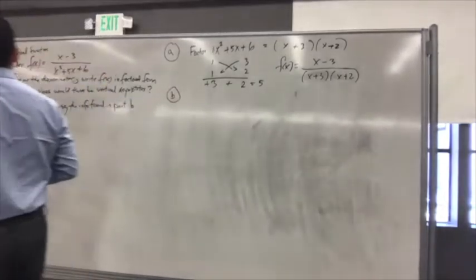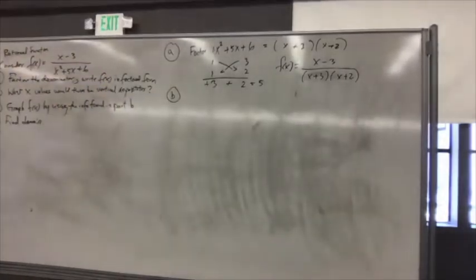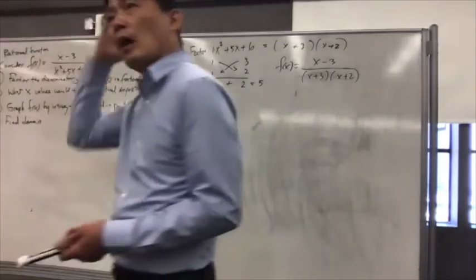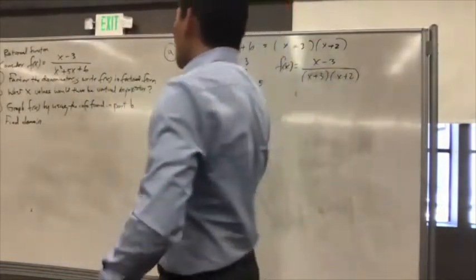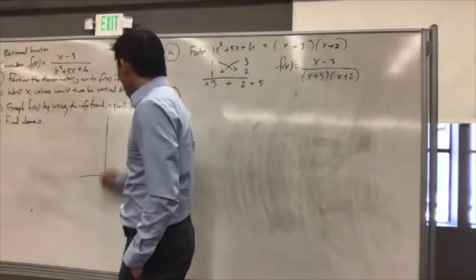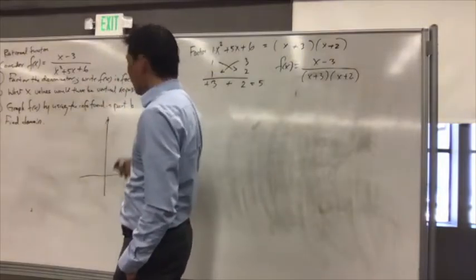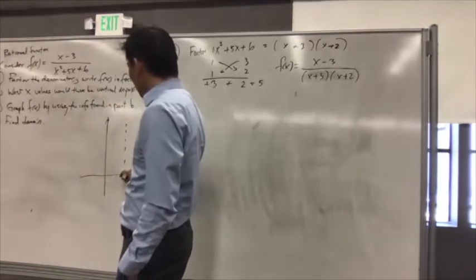Now, part B is, well, what x values would there be vertical asymptote? Vertical asymptote, if you think about it, this is where I'm going to test you on how you think about function. Say this is the xy axis, and say a graph happens to have a vertical asymptote.